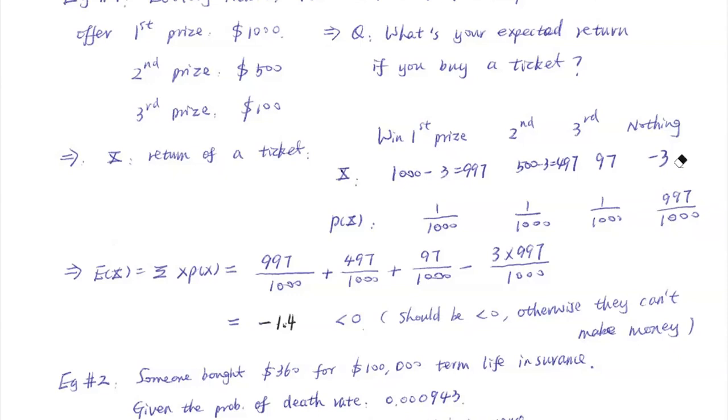For the fourth one, what's the probability for us to win nothing? That's going to be 997 tickets, nothing. That's 99.7%. We are winning nothing, everybody. That's the case.